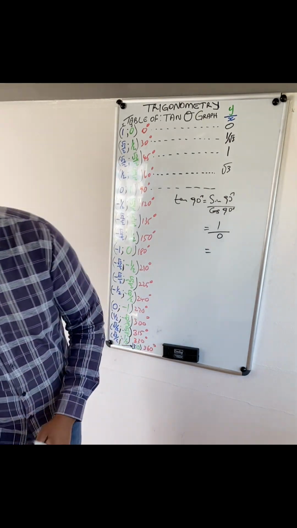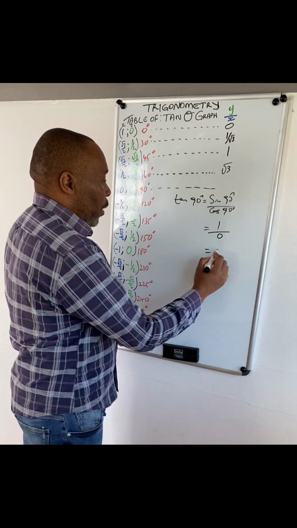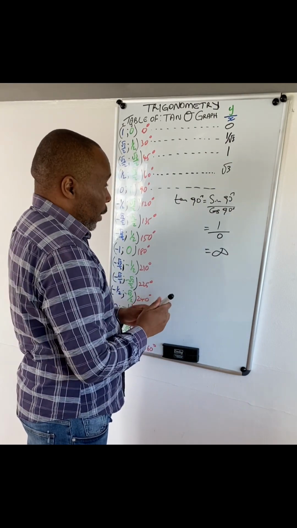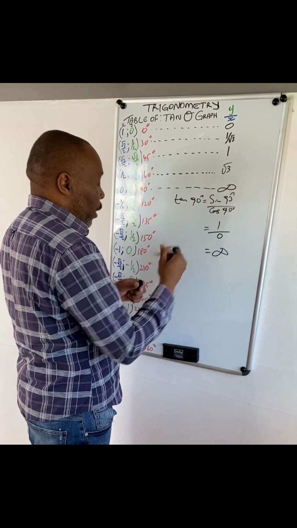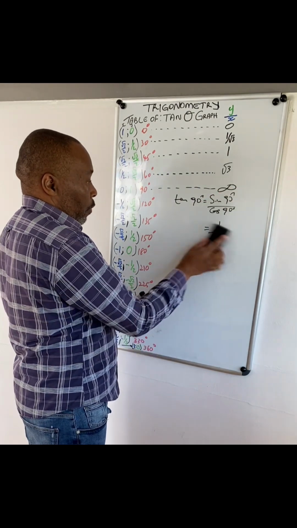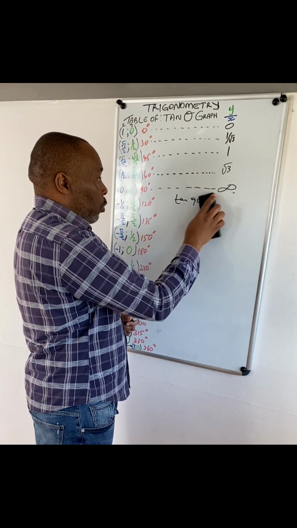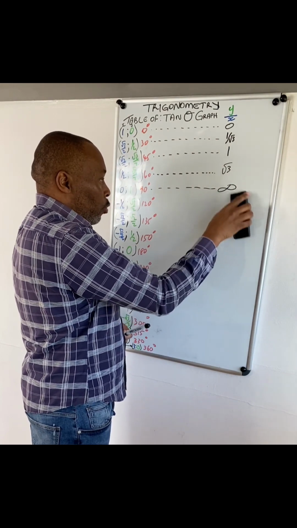It says error. It is undefined, infinite, like this. So here we have the infinite value that we've calculated and proved to be true.